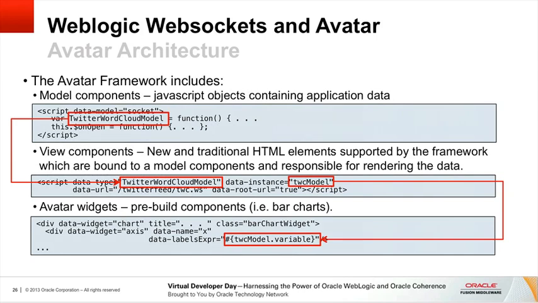There are model components, view components, and widgets. A model component is a JavaScript object that's responsible for containing application data. View components, which are new and traditional HTML elements supported by the framework, bound to the model and are responsible for rendering data, and widgets, which are pre-built view components that provide functionality out of the box, like bar charts.